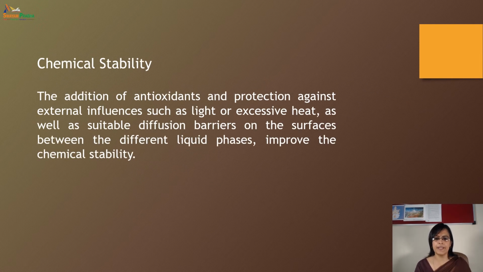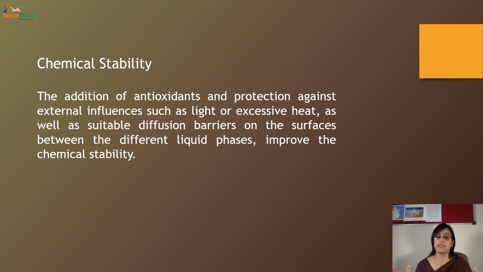Chemical stability: because of oxidation of fats and oil, addition of antioxidants and protection against external influences such as light and excessive heat, as well as a suitable diffusion barrier on the surface between the different liquid phases, improves the chemical stability.